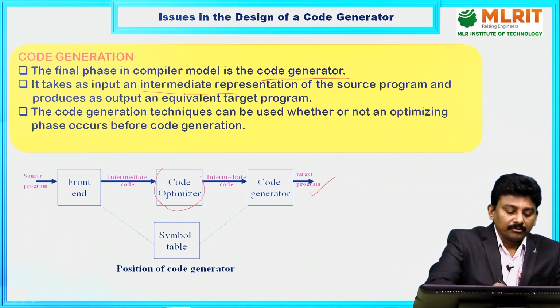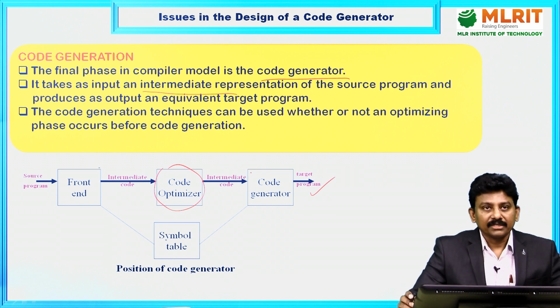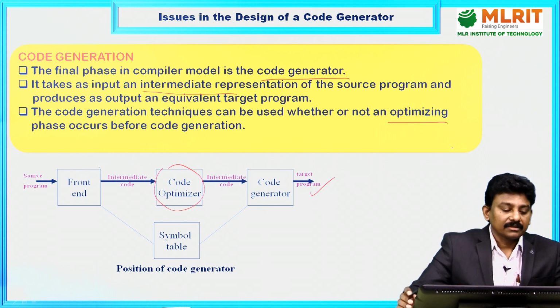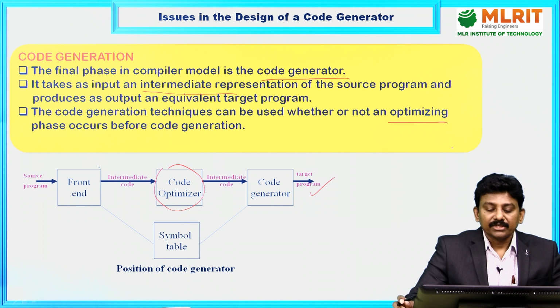Before code generator we have code optimizer. Here code optimizer is optional. That is, code generation techniques can be applied whether or not an optimizing phase occurs before the code generation.